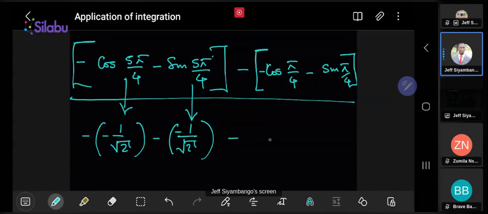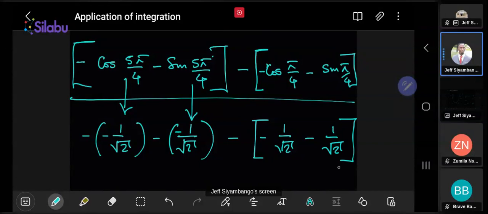Then minus negative cos pi over 4, that's cos 45, which is 1 over root 2, minus sine pi over 4, that's again 1 over root 2.